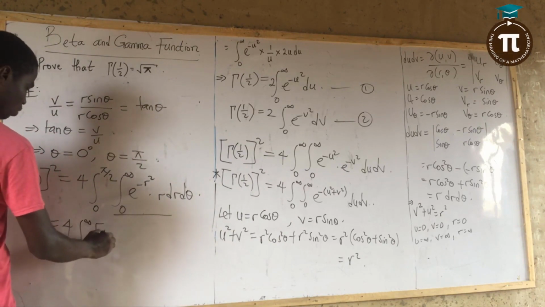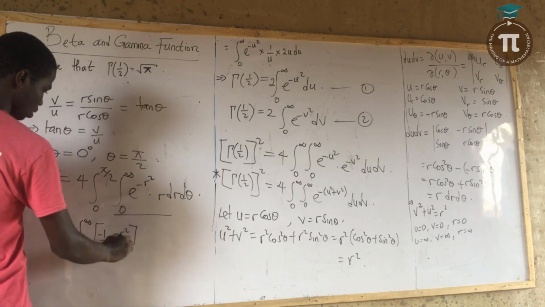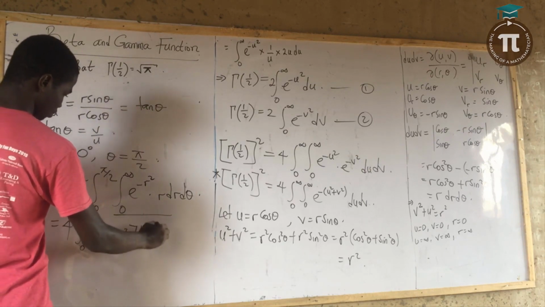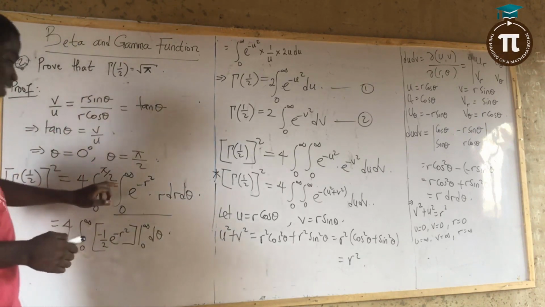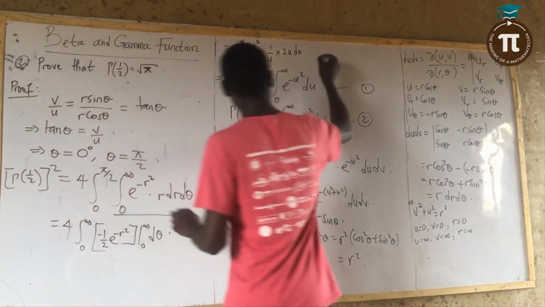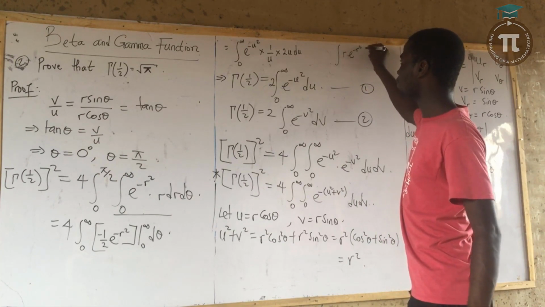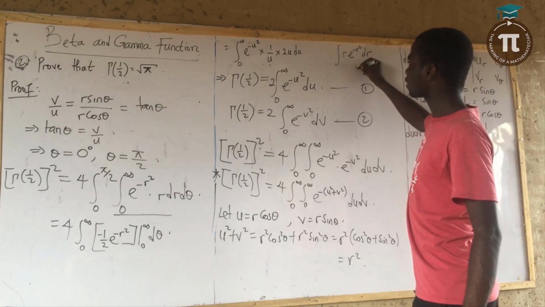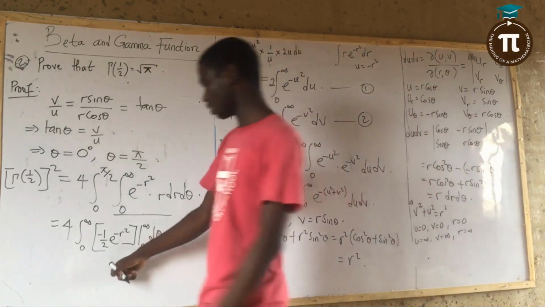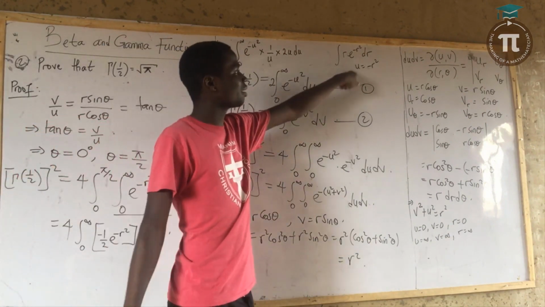Don't forget, if you differentiate r squared, you will have 2r. So this is minus 1 over 2 e raised to power minus r squared. Then the bound is still there from 0 to infinity. If you don't understand what I have done here, try to integrate e raised to power minus r squared r dr yourself.